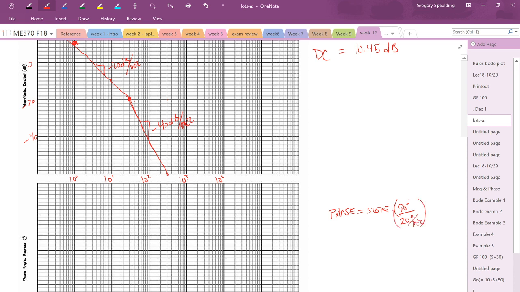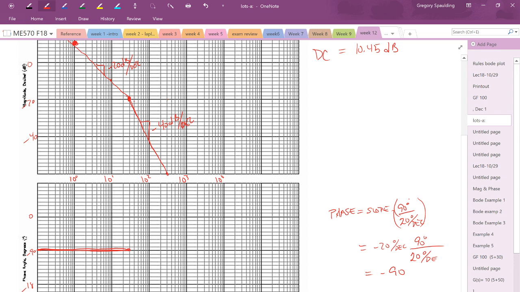Our initial slope in here was minus 20 dB per decade times 90 degrees divided by 20, and so it ends up being minus 90. So we start off at 0 here, and this is minus 90, minus 180. Our initial slope on our phase is going to be minus 90 in this case. So that's going to run out here to 30.